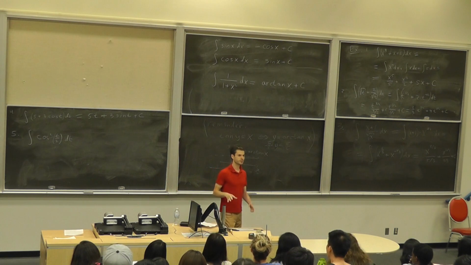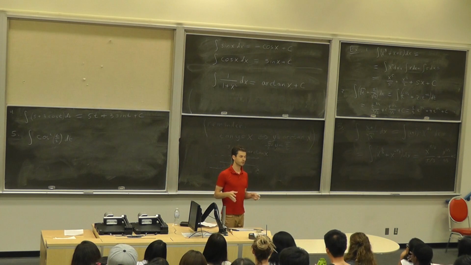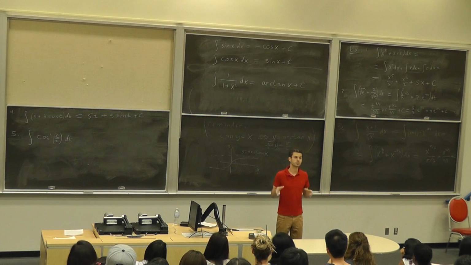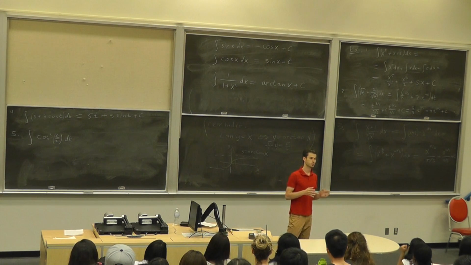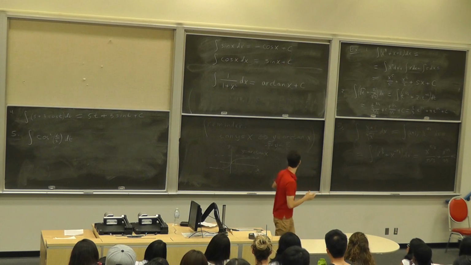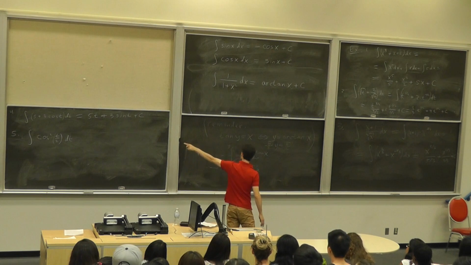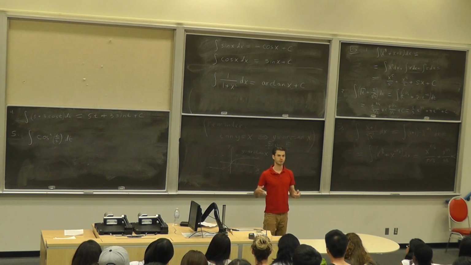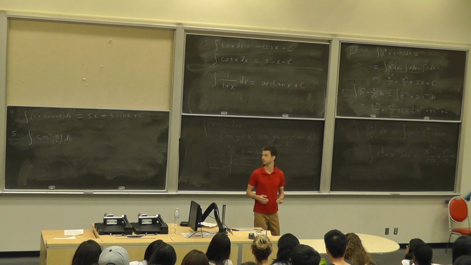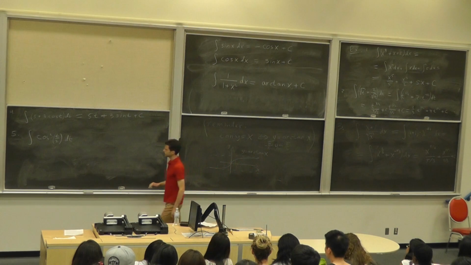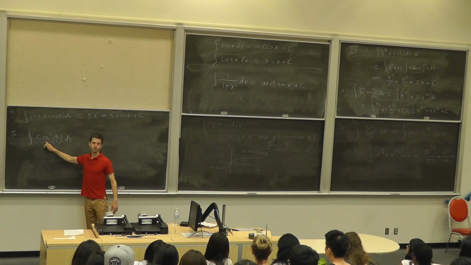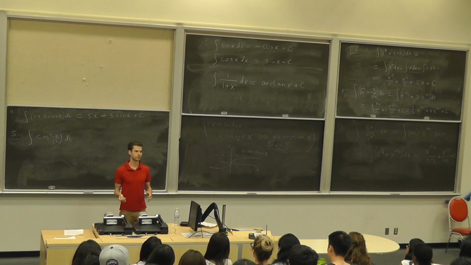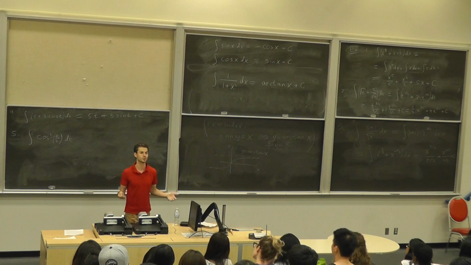So it's not really one of the functions from this table of integrals, but it can be transformed into an expression which is exactly of this kind, a sum of things which are easy to integrate. So does anyone remember a formula which expresses the square of cosine in terms of a sum of things which are easy to integrate?